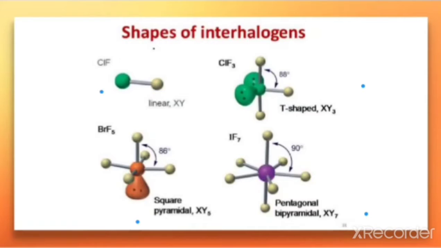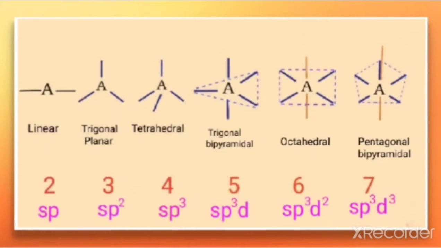Now, how to learn the structure very easily, that we need to discuss here. First of all, last year we discussed the different geometries depending upon valence shell electron pair repulsion theory and hybridization. So first of all, you need to learn this table. In this, the linear geometry, trigonal planar, tetrahedral, trigonal bipyramid, this is octahedral, this is pentagonal bipyramid.